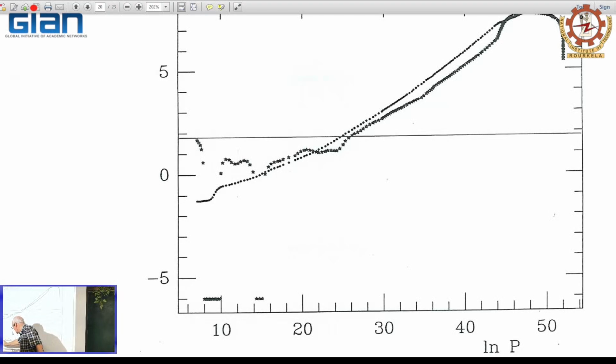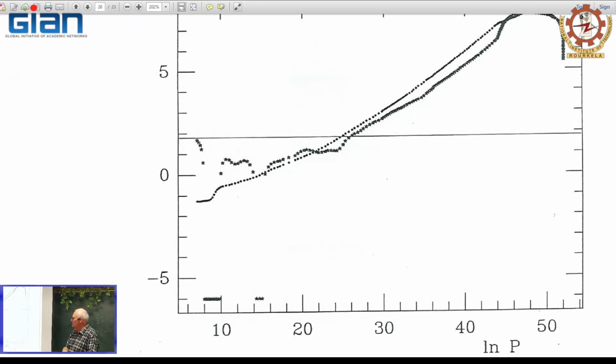The boundary of the star is here, log p equal 10, and the center of the star is on the right hand side. So at the outer boundary we have a propagating region here in this domain.